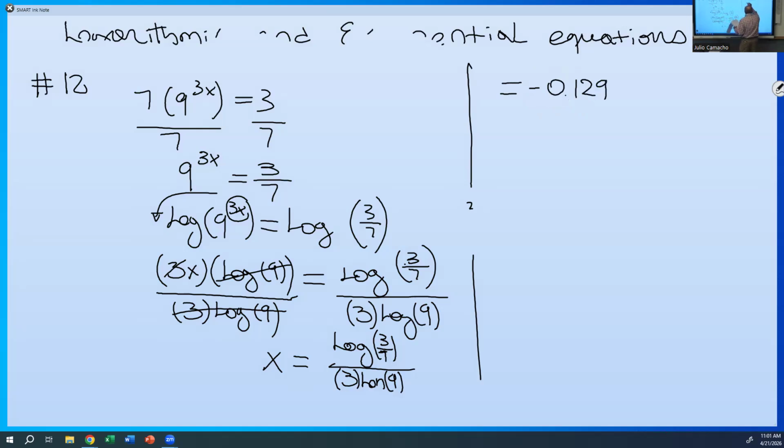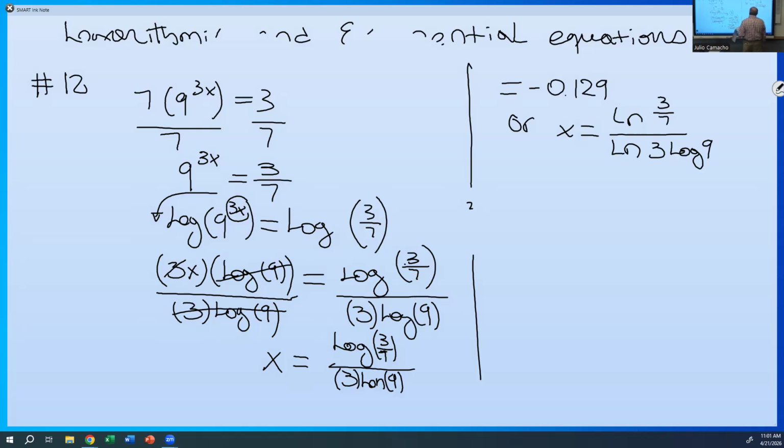Or you can also answer that x is equal to the natural log of 3 over 7 over 3 times the natural log of 9. Both are valid answers.